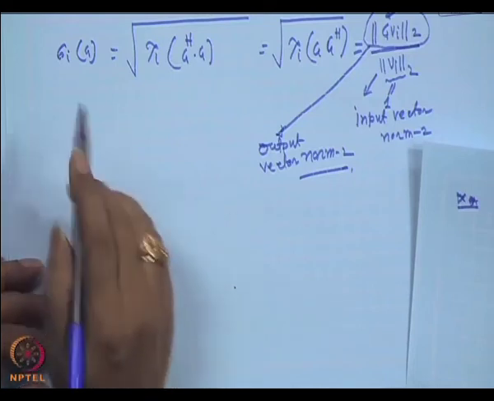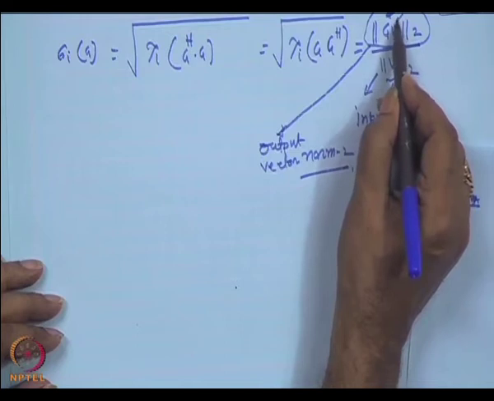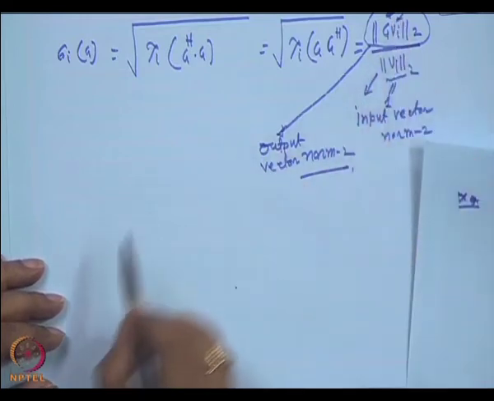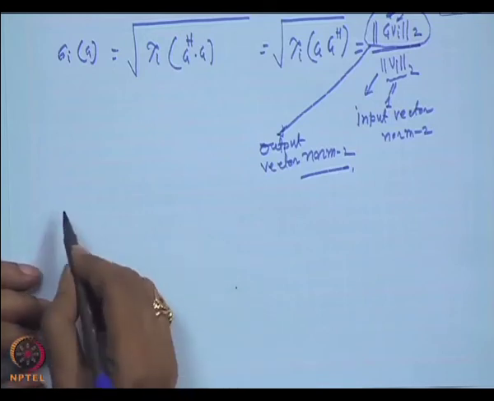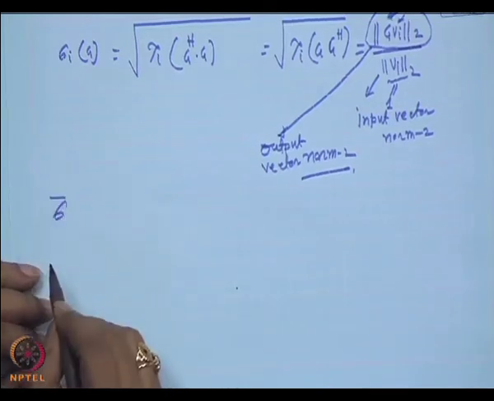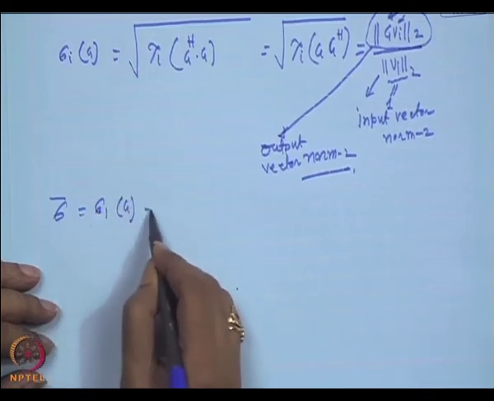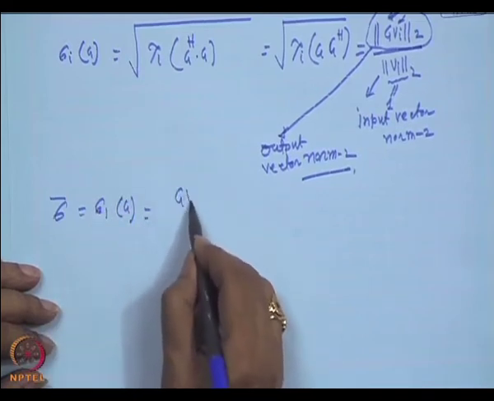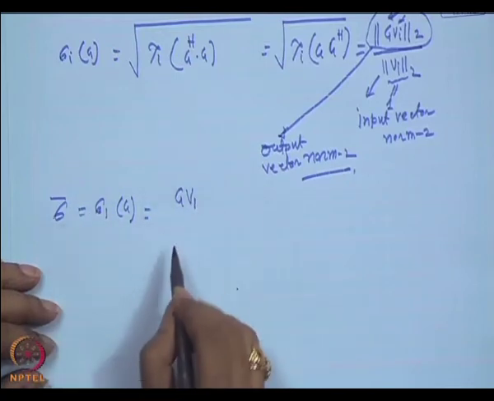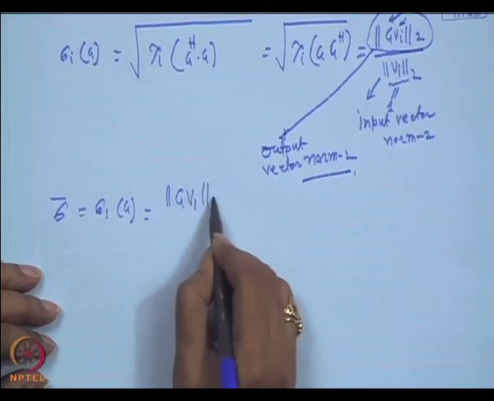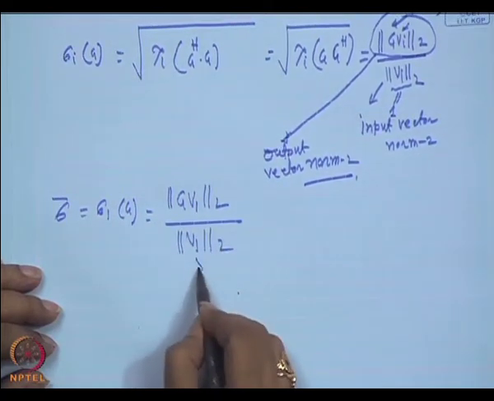So the gain depends on the direction of the input vector V_i. Agree? So what is the maximum gain? Sigma bar is equal to sigma 1, with G times the corresponding vector V 1, the norm of this divided by the norm of V 1, which is equal to 1.